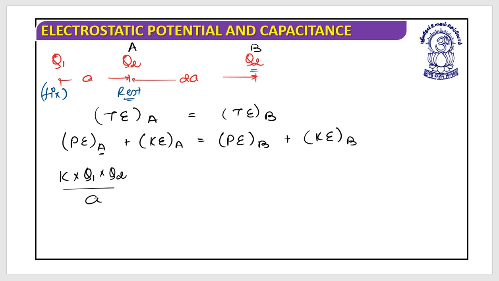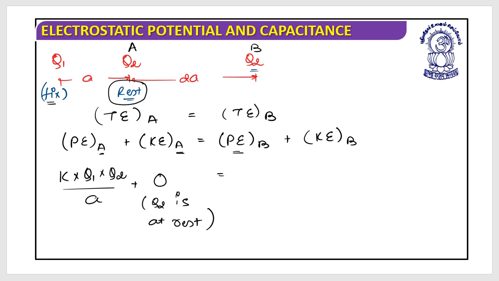Great. Plus kinetic energy at A. Look at this: this is fixed, so no chance to move. Even q2 is at rest. If it is at rest, this kinetic energy would be 0 because q2 is at rest.